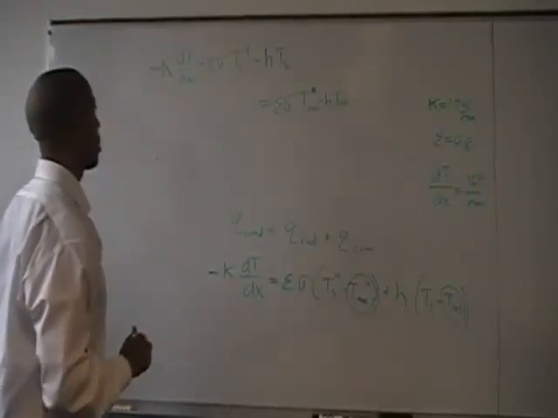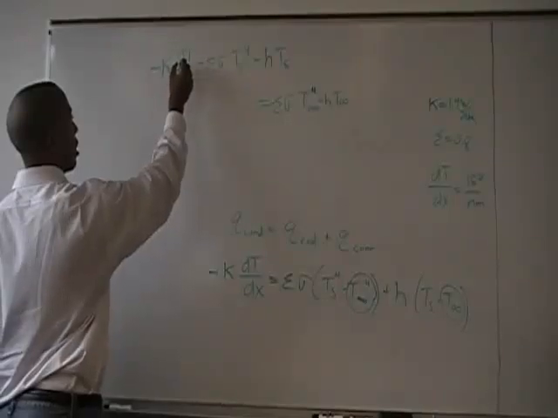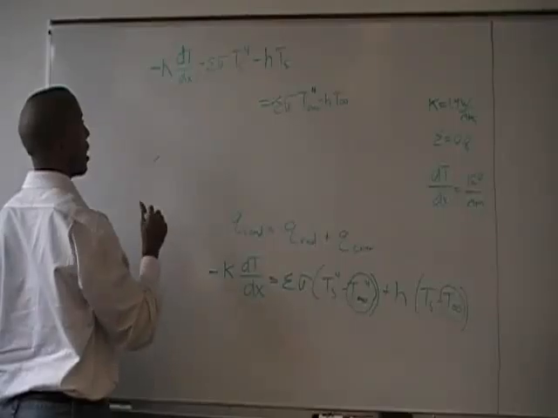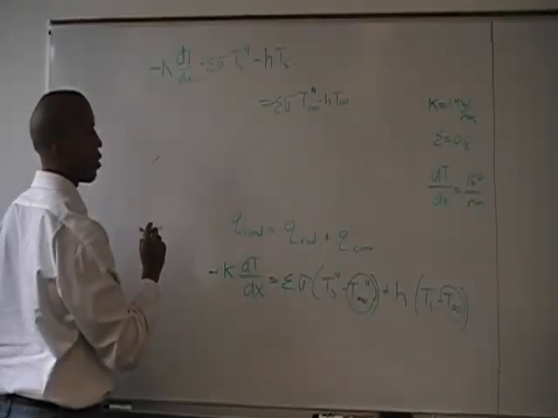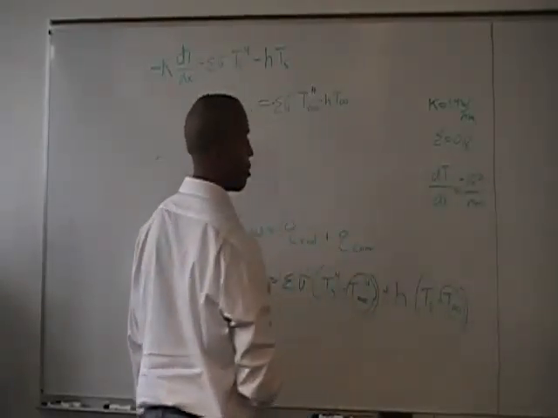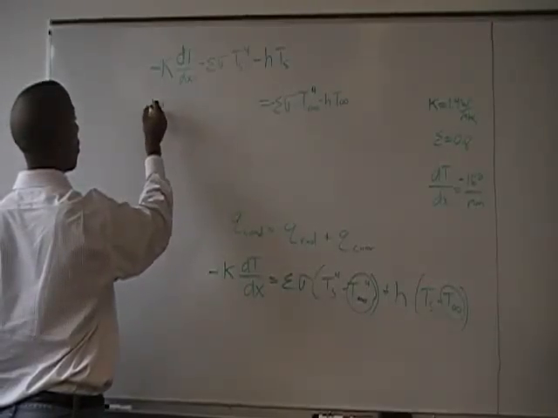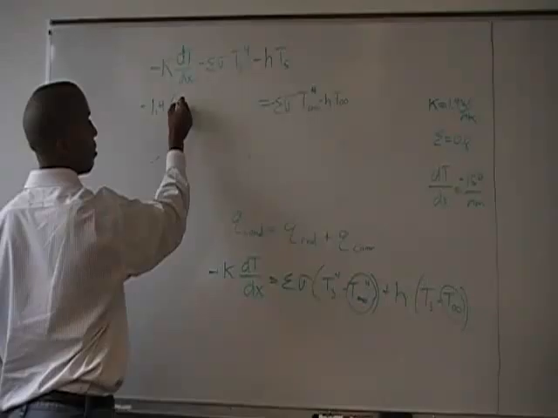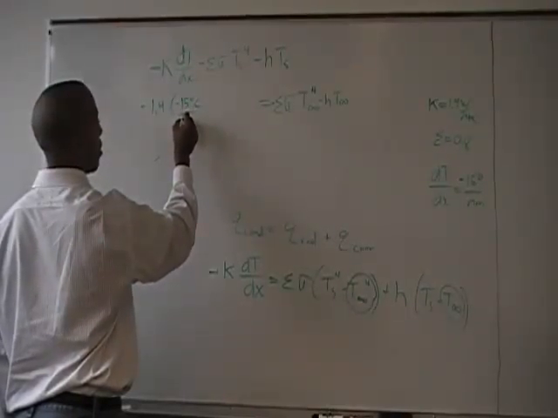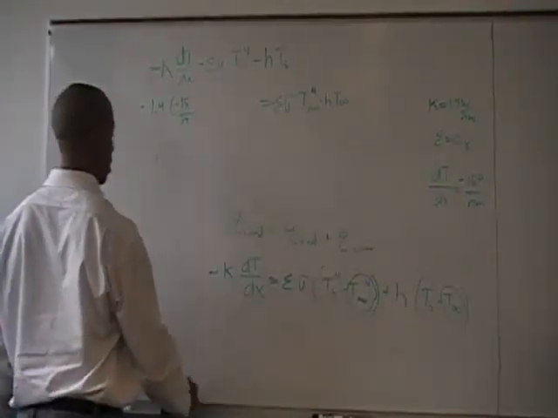Plug in our values, then what we're going to get now for all of this is that our dT/dx, actually the way I have it defined, that should be minus, is going to equal 1.4 times minus 15 degrees Celsius over millimeter, but let's write it in terms of meters. So this is going to be 15,000.